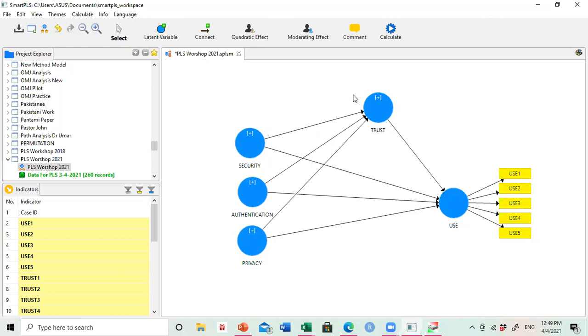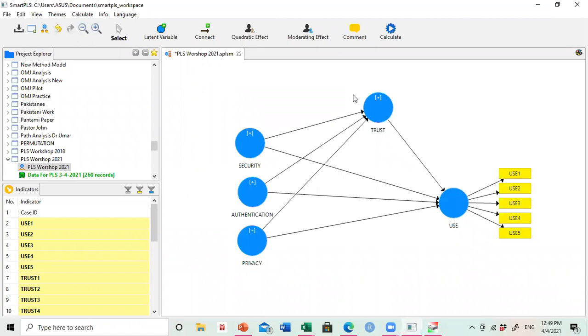So this is a clear example, two examples that should help you understand the concept of mediation. If you want to model the mediation in PLS-SEM, this is how you do it.